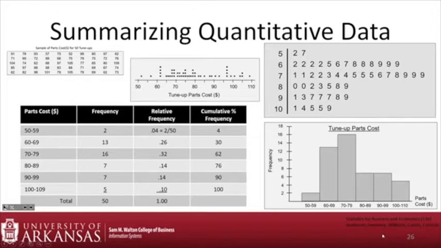Let's see, what else? How come I didn't go from 50 to 54 and 55 to 59, 60 to 64? What would have happened if I would have doubled the number of categories? I would have had too many rows.